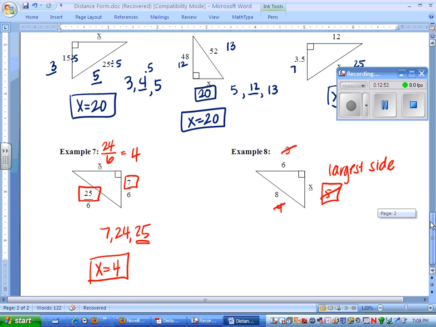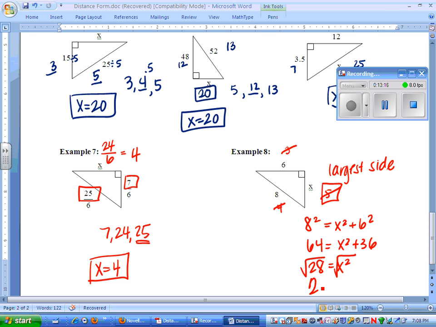I have to use the Pythagorean theorem. So 8 squared is my hypotenuse, x squared plus 6 squared are my legs. We have 64 equals x squared plus 36. Subtract 36, which leaves me with 28. I can simplify 28, pull out a 4, which makes it 2 square root 7. So x is 2 square root 7.